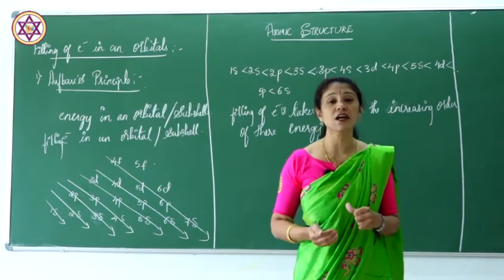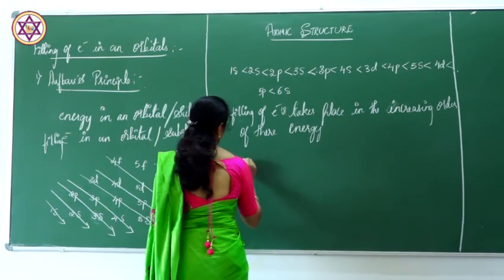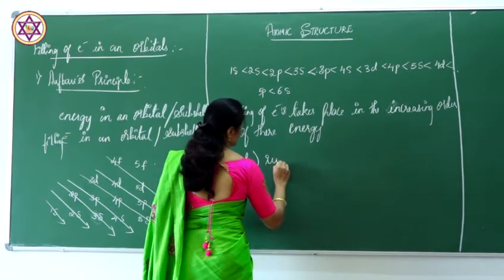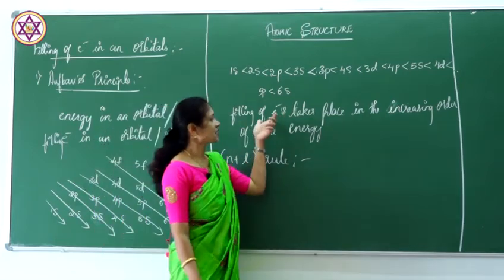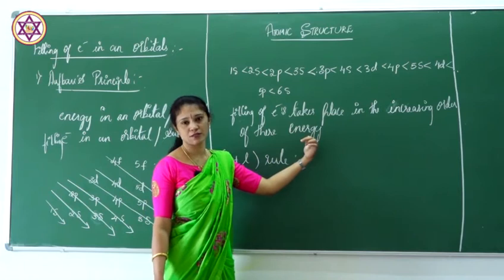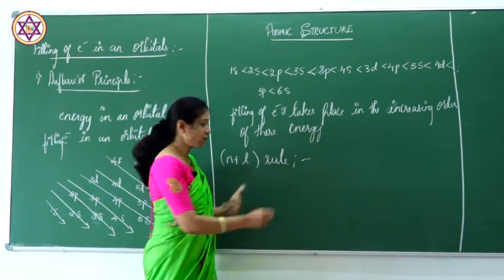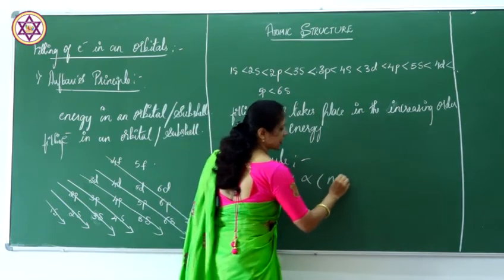How? By taking the n plus l rule. According to the n plus l rule, the filling takes place here. As I said, the filling of electrons takes place in the increasing order of their energies. This energy is directly proportional to the n plus l value.